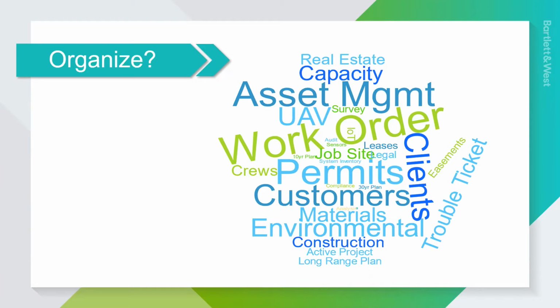But there are a lot of problems in this pile, and if we buy specialized software for each of them, firstly, it's expensive, and second, it's still not really organized. Your permit software isn't going to help you manage trouble tickets, and your trouble ticket software certainly isn't going to help you manage your drone program, really.